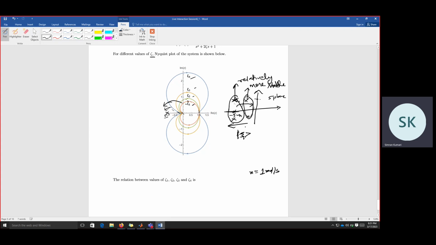So this will be farther, which means zeta 1 will be greater compared to zeta 2, compared to zeta 3, compared to zeta 4. This is the relation between the zetas. If we see the Nyquist plot, we can easily say how, with variation of zeta, the relative stability of the system is affected.